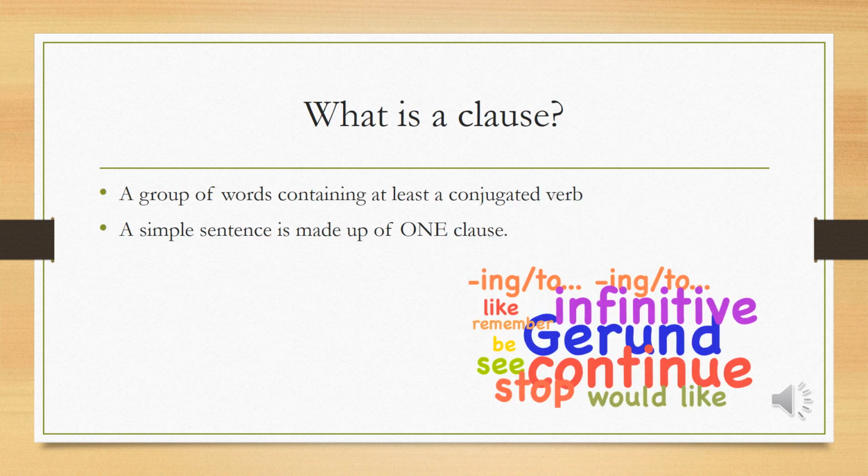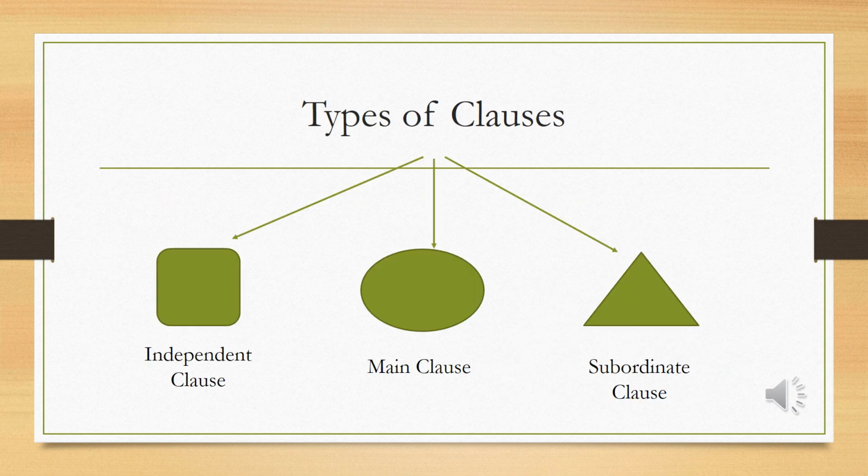Now, what is a clause? A clause is a group of words that contains at least one word, and this word should be a conjugated verb. A simple sentence, therefore, is made up of just one clause. There are 3 types of clauses: the independent clause, the main clause, and the subordinate clause.